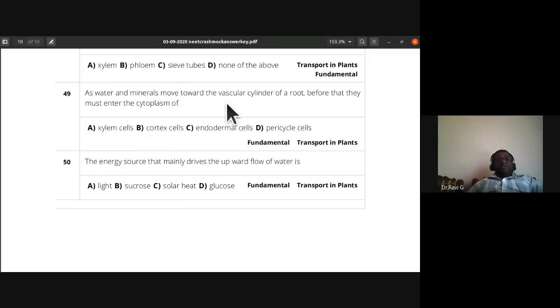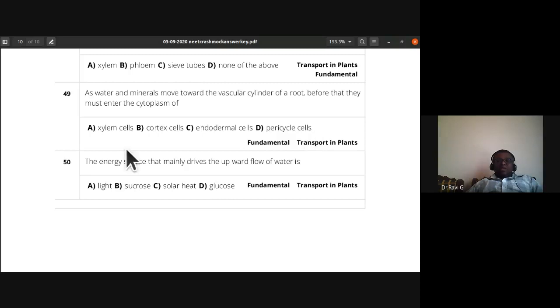As water and minerals move towards the vascular cylinder of a root, before that, they must enter the cytoplasm of xylem cells, cortex cells, endodermal cells, or pericycle cells.